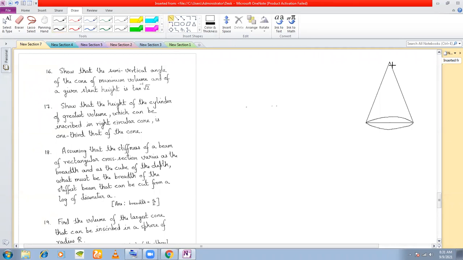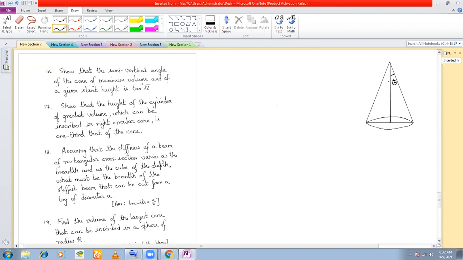Then the half of it is called the semi-vertical angle. Then this angle is called the semi-vertical angle. If I call this angle say theta, then this angle is called the semi-vertical angle.